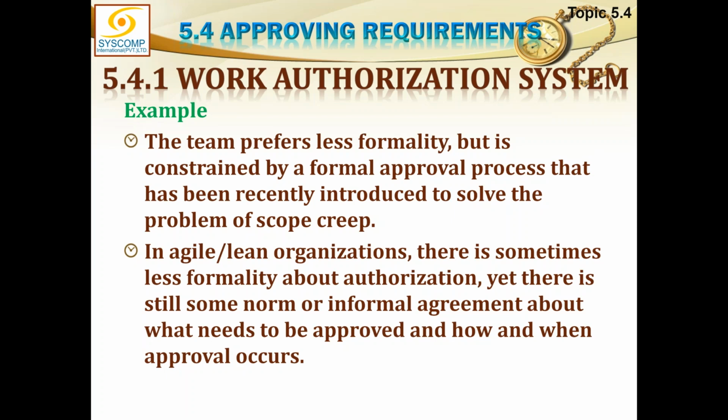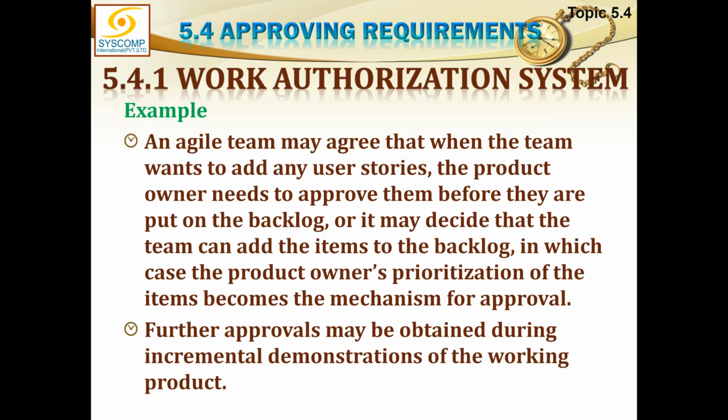In agile and lean organizations, there is sometimes less formality about authorization, yet there is still some norm or informal agreement about what needs to be approved and how and when approval occurs. An agile team may agree that when the team wants to add any user stories, the product owner needs to approve them before they are put on the backlog.